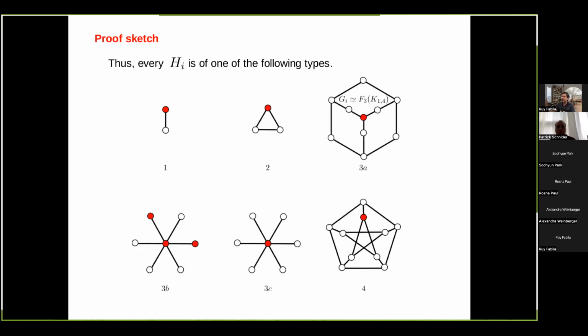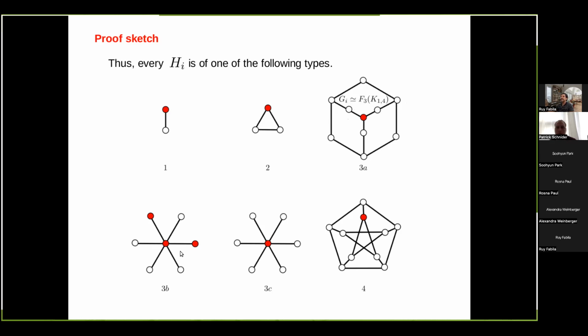That implies that there is only a small number of ways in which each HI can be generated. So GI is either an edge and a token moving on this edge, or GI is a triangle and you have either 1 or 2 tokens moving along this triangle, or this is a bit tricky, it's a graph GI isomorphic to the token graph of a star, but you only have 1 token moving along this graph, okay?